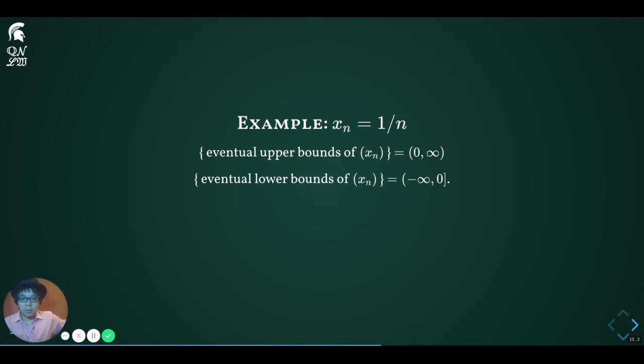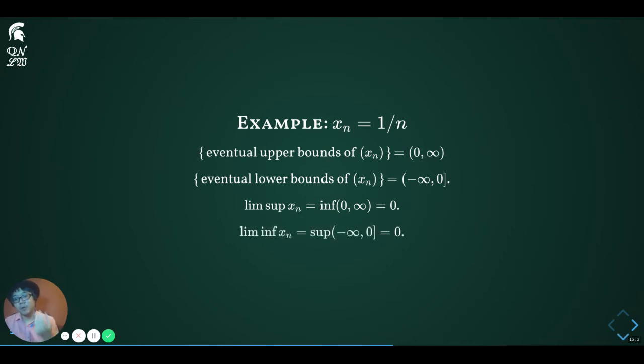To get a sense what this looks like, let's return to the example x sub n equals 1 over n. The sequence is bounded. As we computed a few slides back, the set of its eventual upper bounds is exactly all the positive numbers. The set of its eventual lower bounds is exactly all the non-positive numbers. So the lim sup of x_n, being the infimum of all eventual upper bounds, is the infimum of all the positive numbers, which is 0.